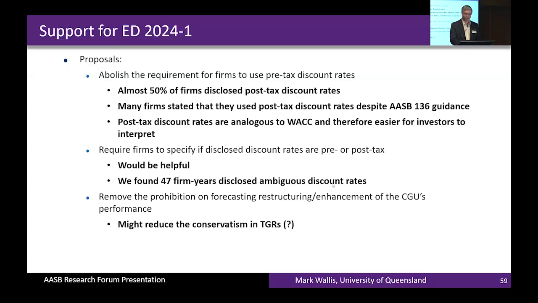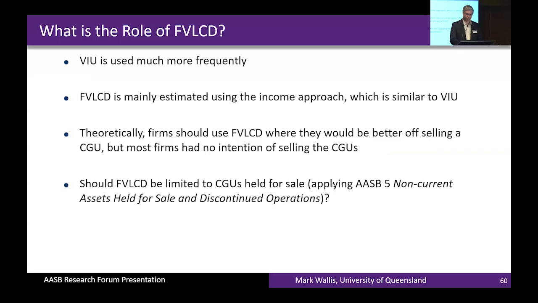Firms are going to be required to disclose whether their discount rates are pre or post-tax. That would be helpful. We found some firms where that was ambiguous. We couldn't tell if their discount rate was pre or post-tax. And they're going to remove the prohibition on including the expected benefits from asset enhancement, which might reduce the conservatism in the terminal growth rates, perhaps.